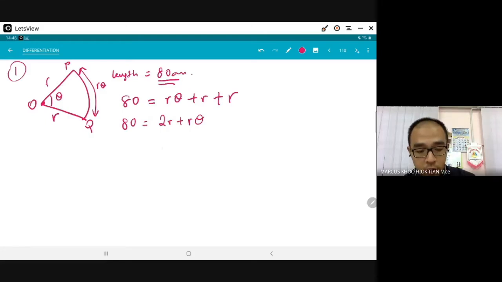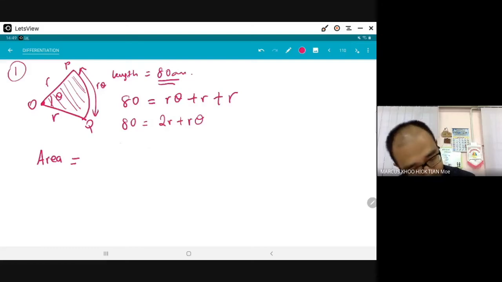Okay, and therefore, if I factorize r out, 2 plus theta, equals to, oh no, can't, sorry. Let me stop here first. It wants us to find the area. What is the formula of the area of a sector? That's why we studied this in chapter 1.